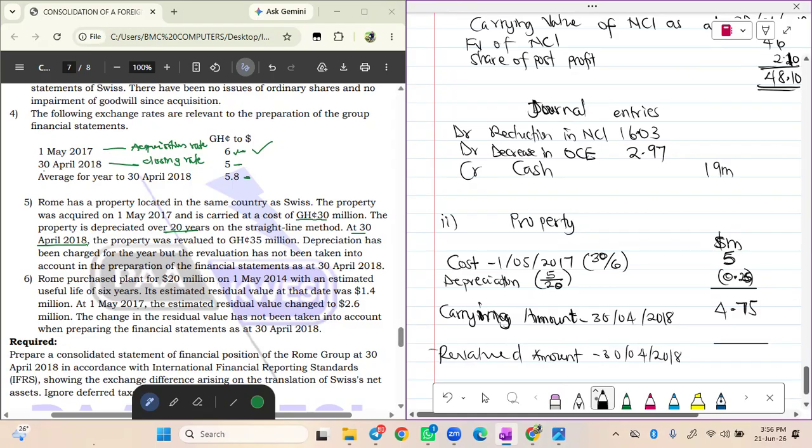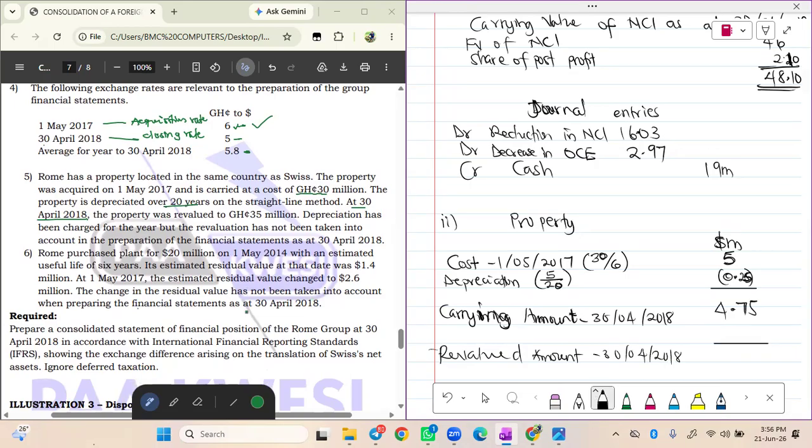The revalued amount was 35 million, and the 35 million was in cedis. That is why I told you when we were doing IAS 21, we even did the illustration there. For non-monetary items, you don't translate their figures. But for the purpose of revaluation, you translate the revalued amount.